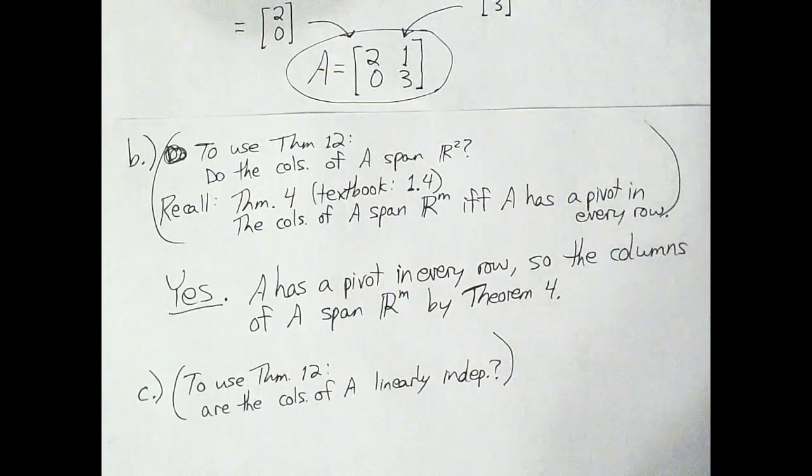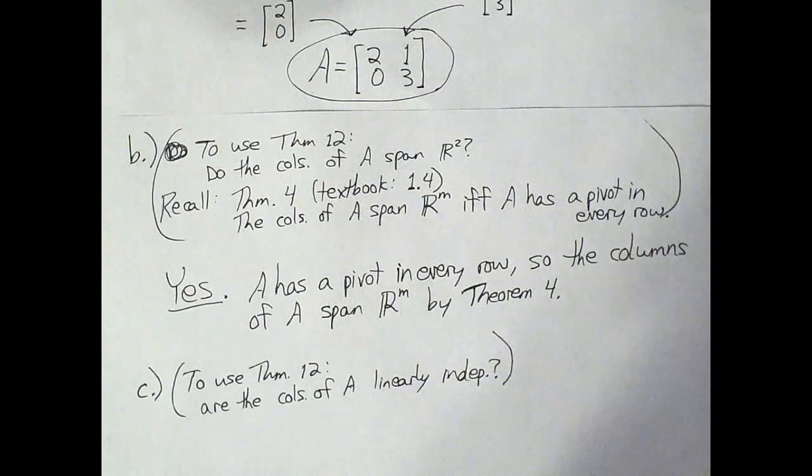And you might have to think back to the lesson that we had on linear independence. When linear independence was first introduced, we had a bunch of different facts and theorems about linear independence for sets of 2 vectors, sets of 3 vectors, and so on.